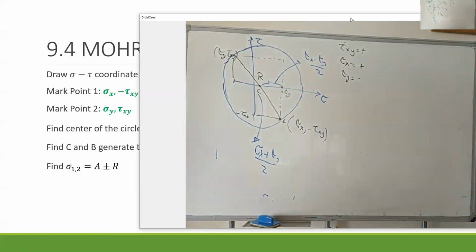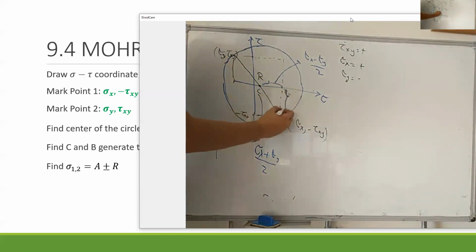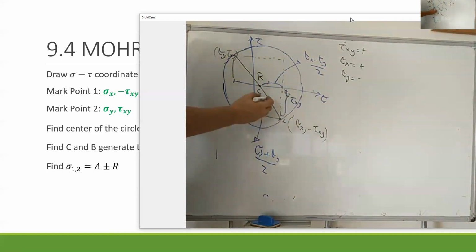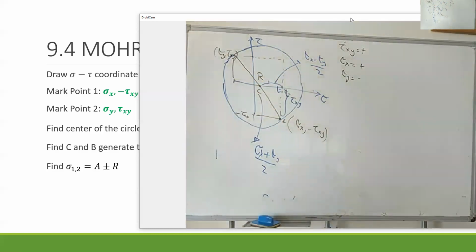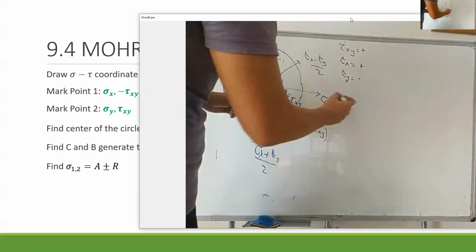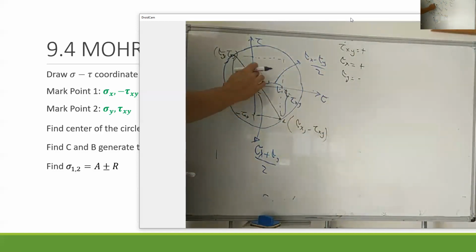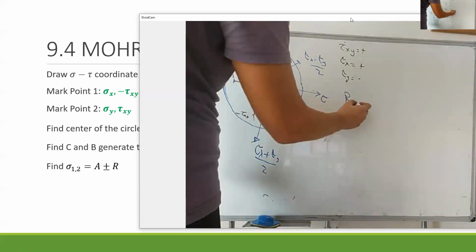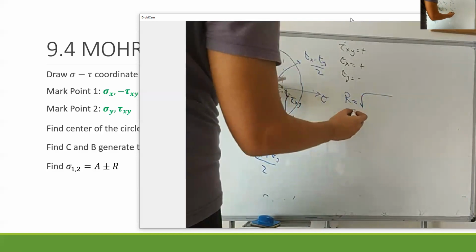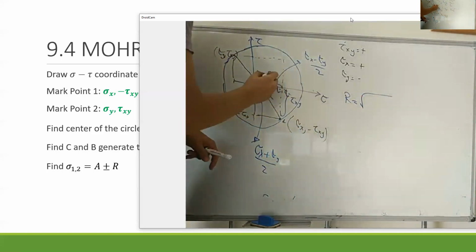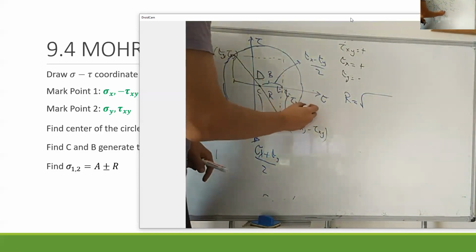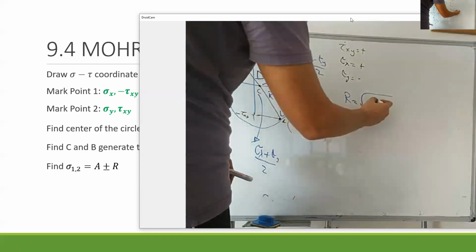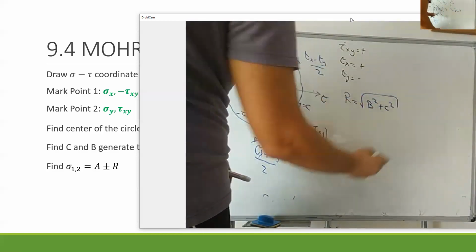So this value is tau xy. By using the Pythagorean theorem, we can find the radius, R. Radius is equal to the square root of b squared plus c squared, where I symbolize these values with b and c. This is the third step.